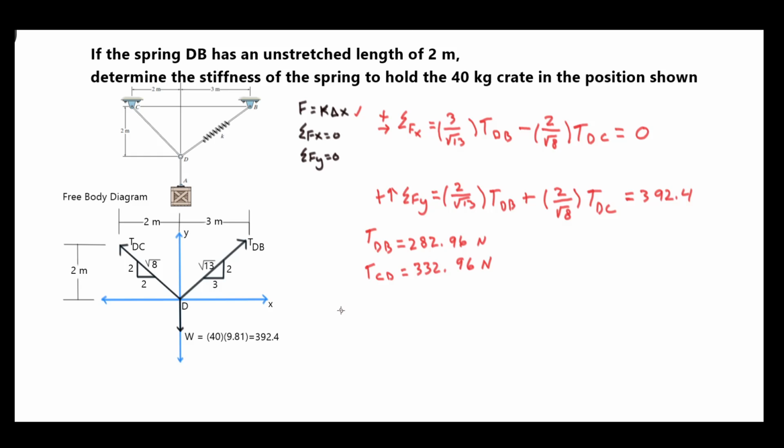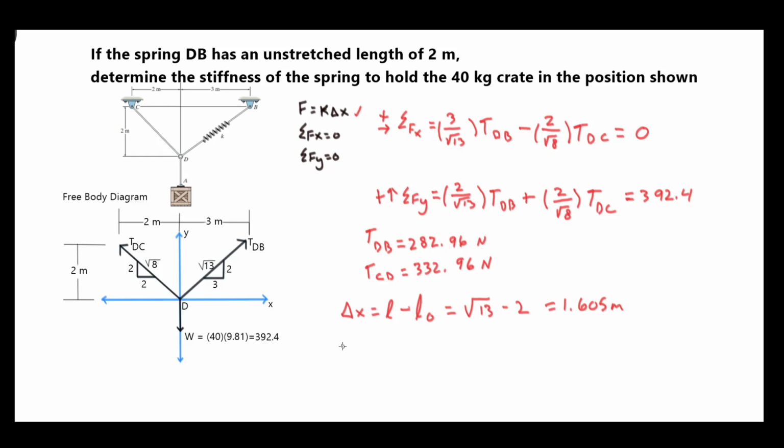So let's call this delta x, and that's going to be equal to the overall length of this support here minus this unstretched length, which we can call L naught. That's going to be equal to the square root of 13 minus 2, and that gives us a stretched spring length of 1.605 meters.